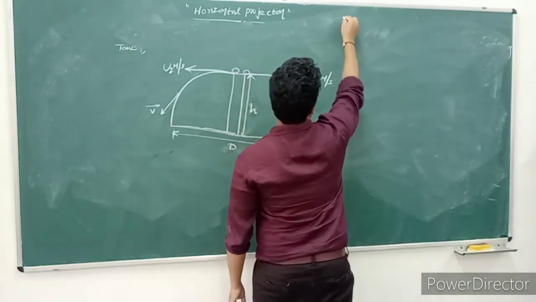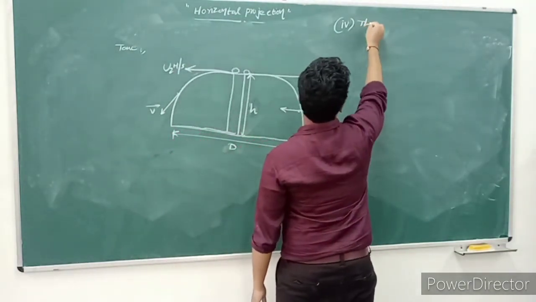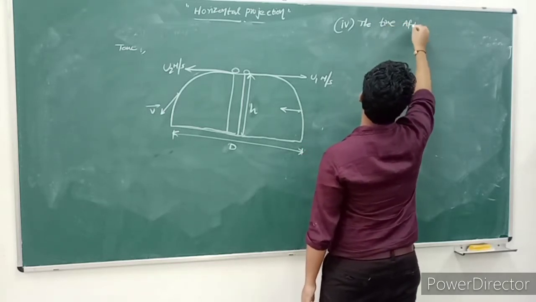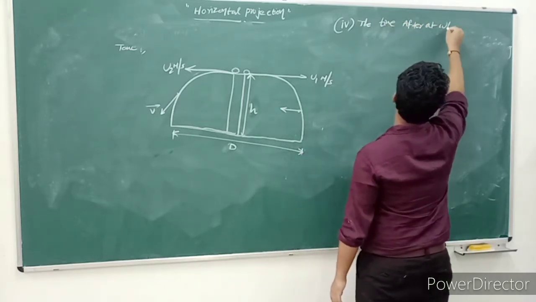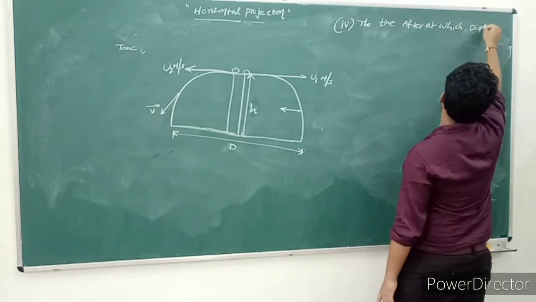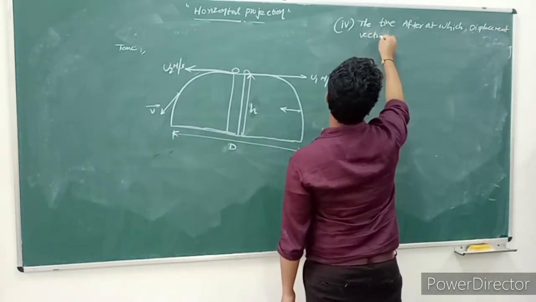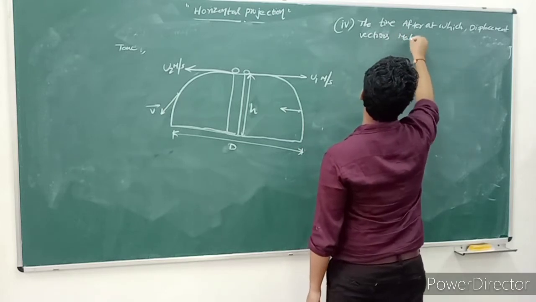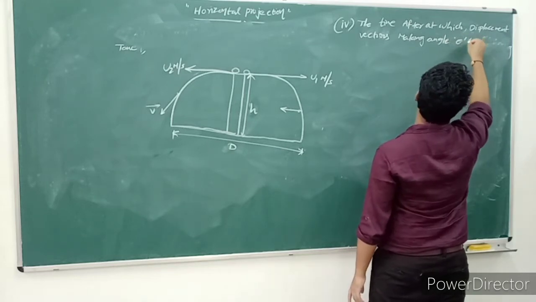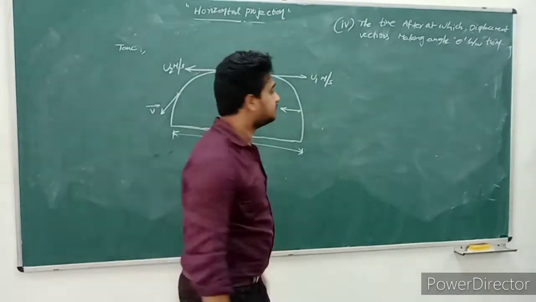Fourth point. The time at which displacement vectors are making an angle theta between them.